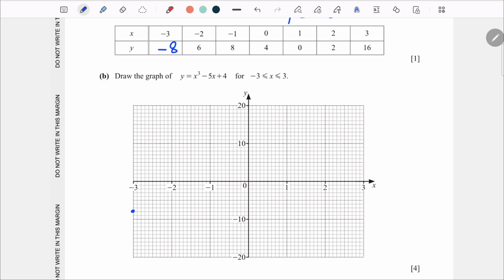Then minus 2 and 6, minus 1 and 8, 0 and 4, 1 and 0 will be here, 2 and 2, 3 and 16, and we'll just draw a curve.